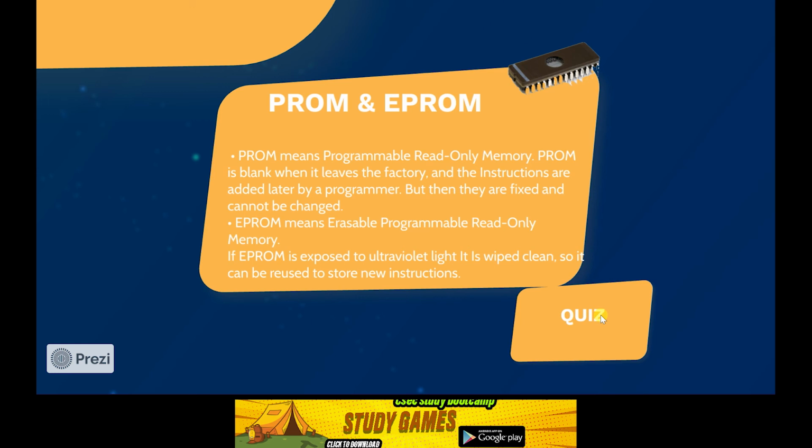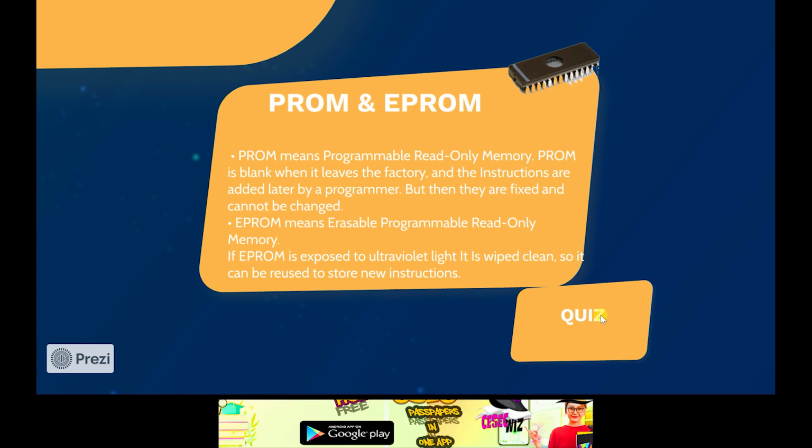PROM means programmable read-only memory. PROM is blank when it leaves the factory and the instructions are added later by a programmer, such as yourself. You can think of yourself as would-be programmers if in the future you decide to go into programming, which is really writing instructions for the computer to execute. That's what a programmer really does.